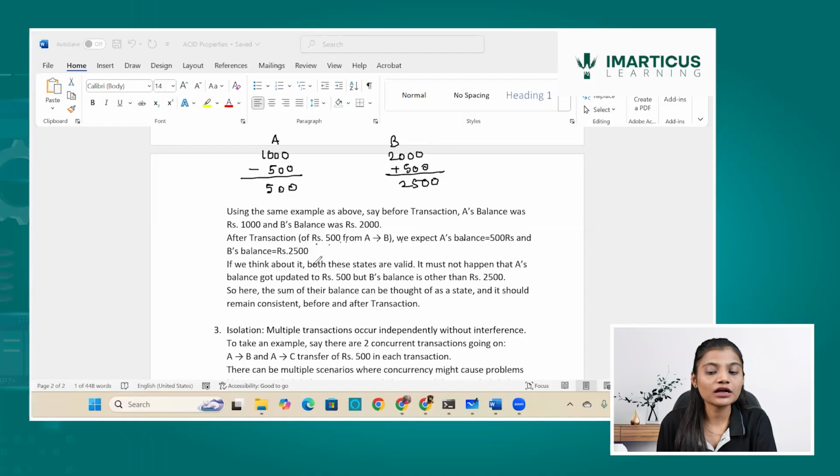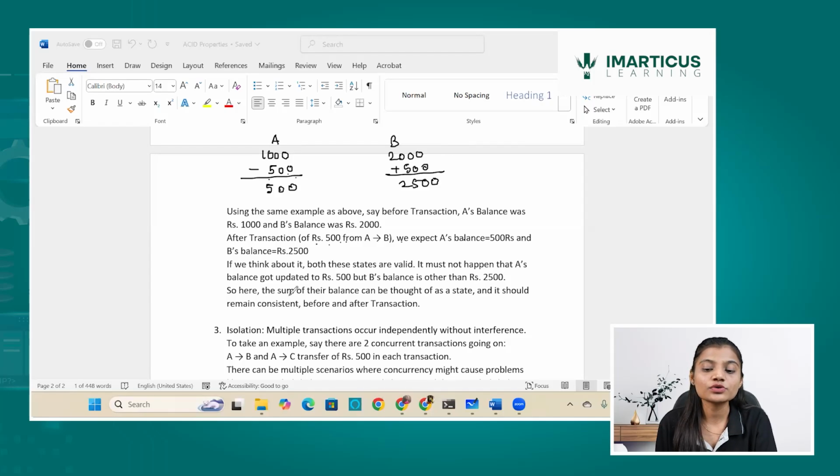If we think about it, both the states are valid, which is correct. It must not happen that A's balance got updated, which means 500 got debited from A's account, but B's balance is other than 2,500, which was expected.